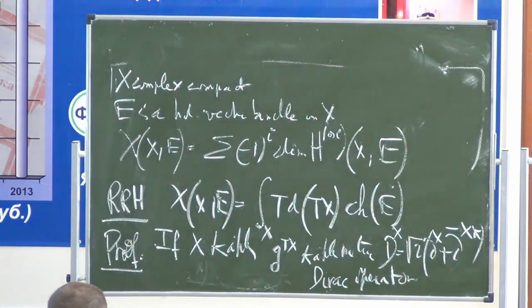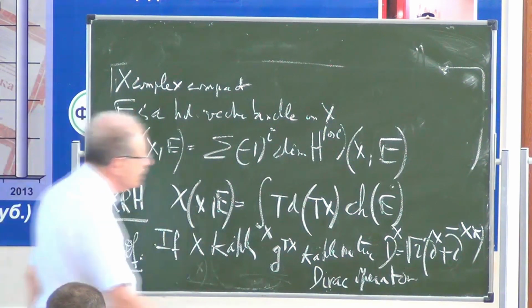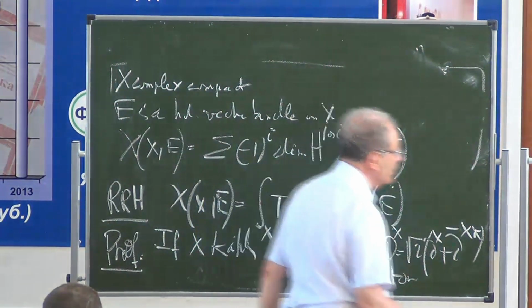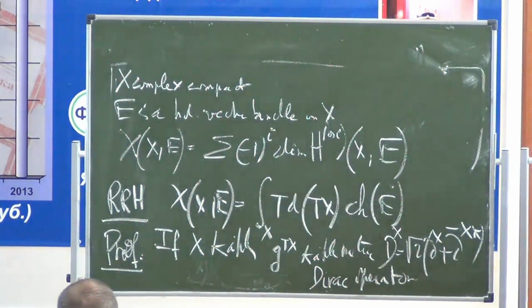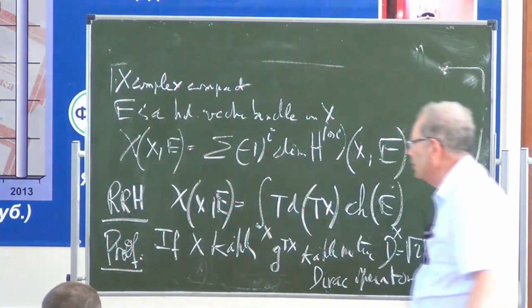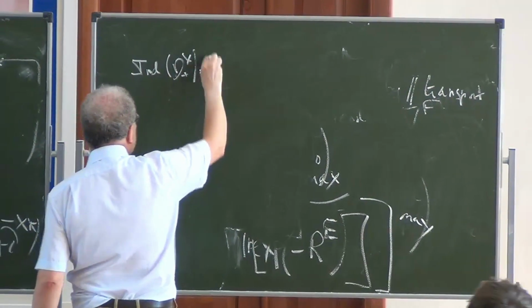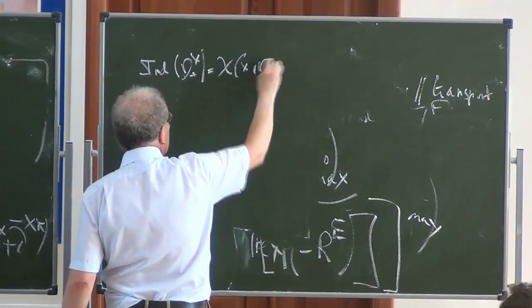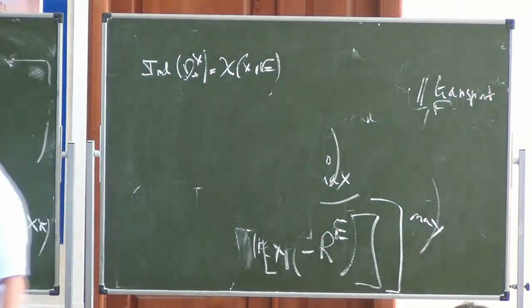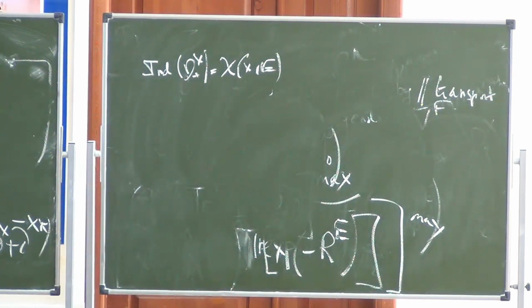That's a classical Dirac operator. That's very easy to show. And so it's easy to see that the index of dx plus, using Hodge theory, is just the Euler characteristic. So in general, in this case, you can see that the index of dx plus is precisely the Euler characteristic. You apply Atiyah-Singer, and then you get the Hirzebruch formula.